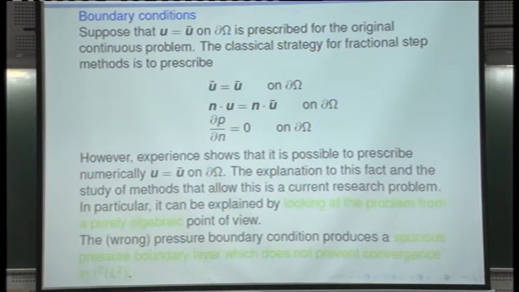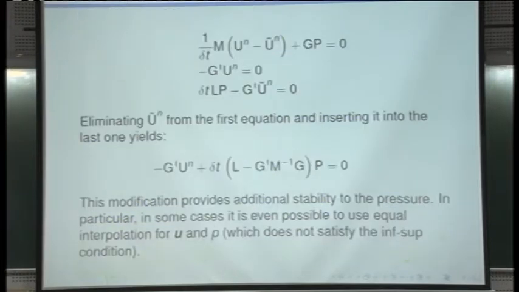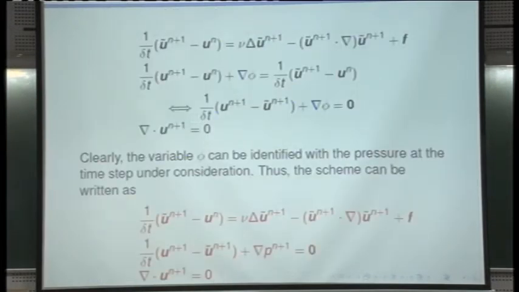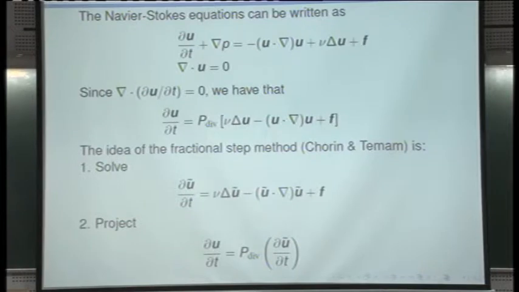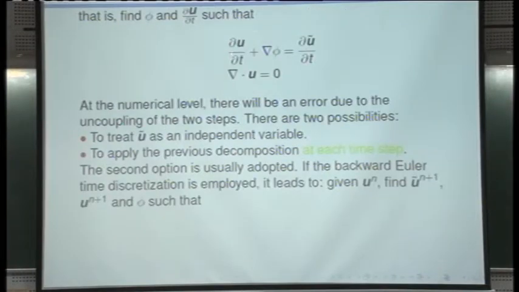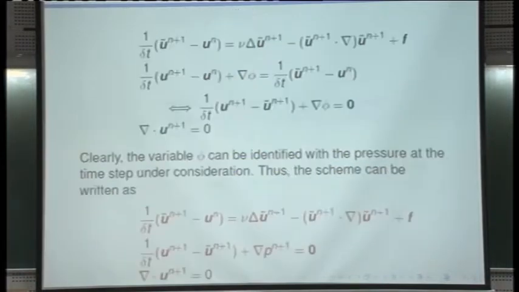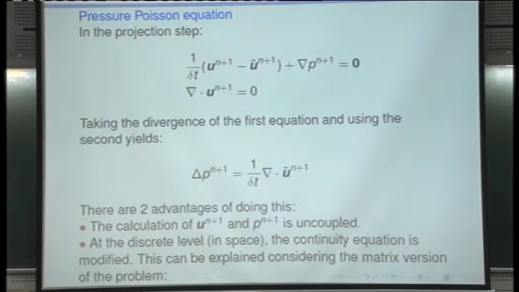Okay, boundary conditions. This is a point of interest in the case of fractional step methods because boundary conditions are always controversial. Why are these controversial? Because for the velocity in this equation, in principle, you cannot prescribe all the velocity components. You can prescribe only the normal one, from the mathematical point of view.